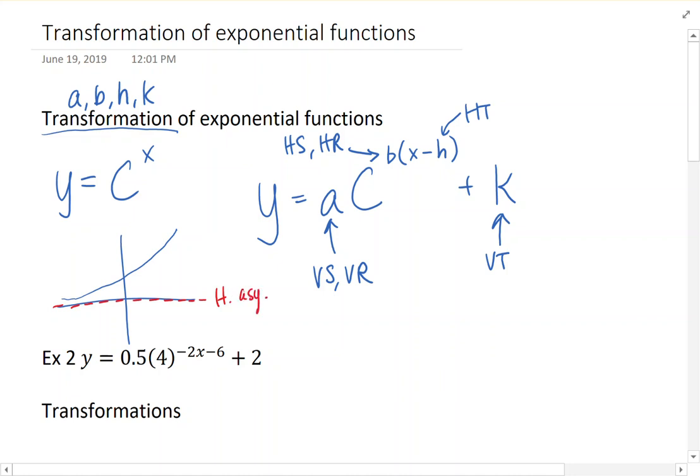When you think about it, if we're moving the graph up and down, the horizontal asymptote would always move with it. Therefore, k in this particular function also deals with the horizontal asymptote.